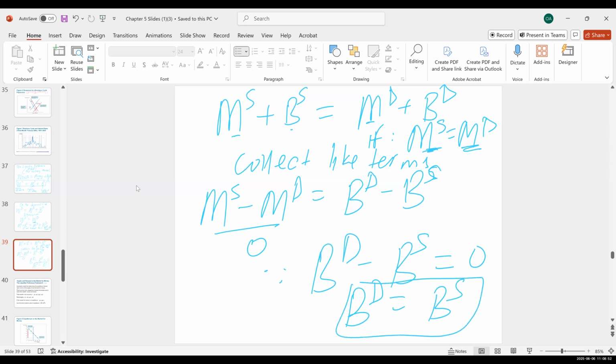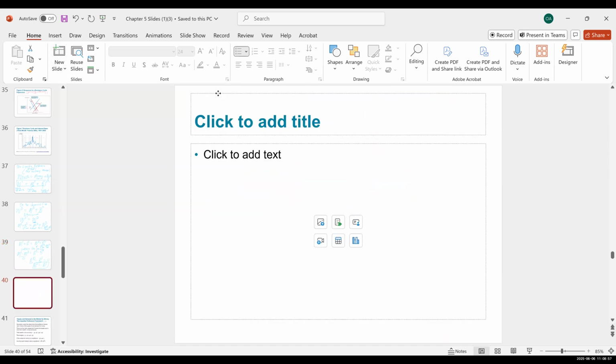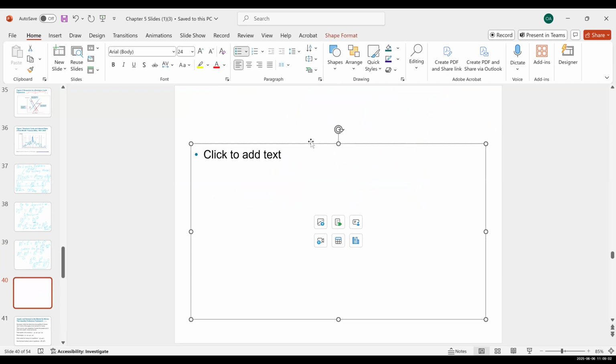Keynes actually derived this based on a framework developed by a French economist called Walras.